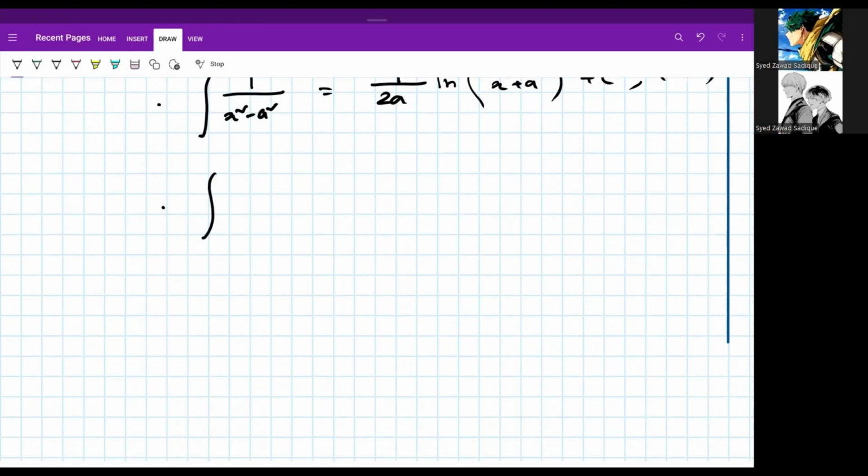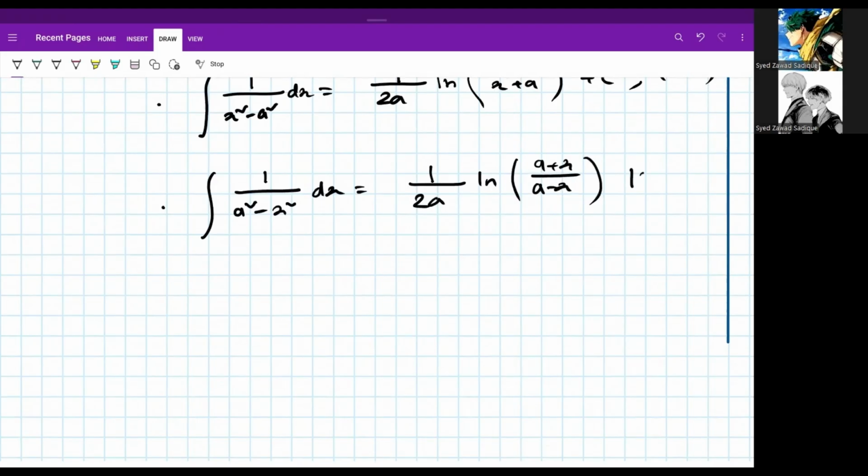And this one is 1 by a square minus x square dx is equals to 1 by 2a ln of a plus x by a minus x, where modulus of x is less than a.